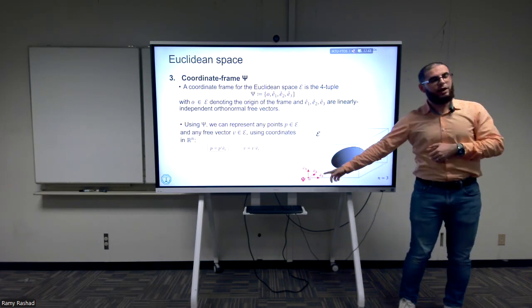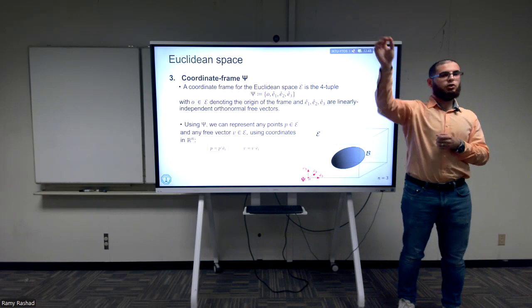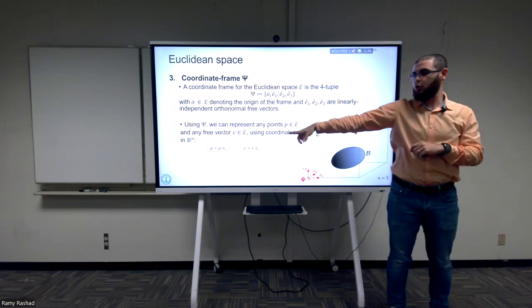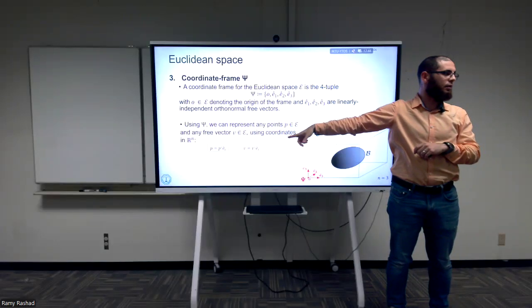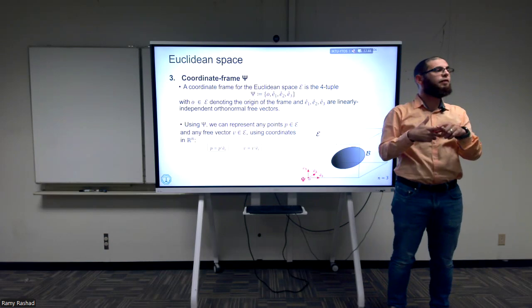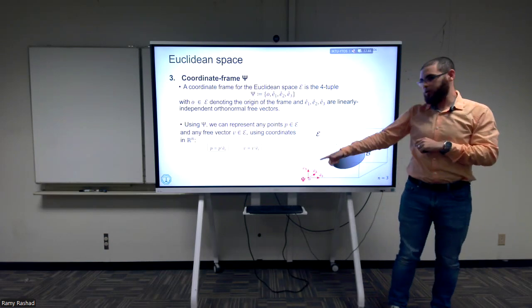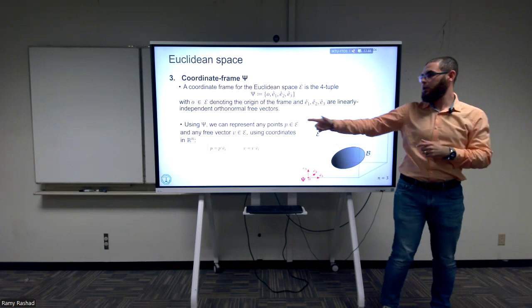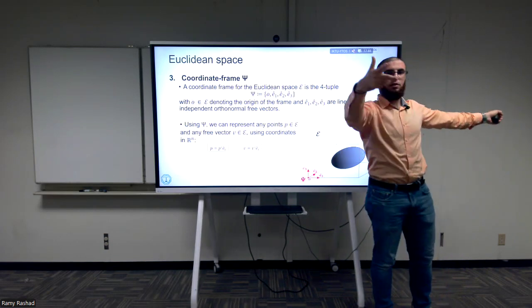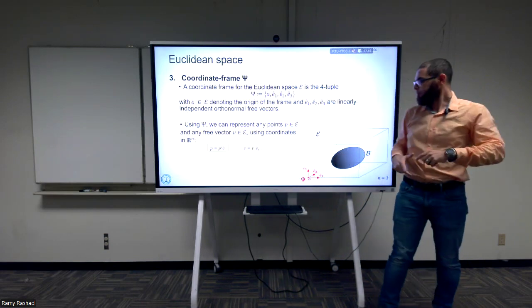Now, if I give you this frame and I give you an abstract point, so for example, let's choose that the frame that we have here in the room is this corner. So you see it's a specific point in the Euclidean space. It's the corner of the room. And let's assume that we have 3 vectors that we chose to be part of our room frame. One of them is this direction, one of them is that direction, one of them is this direction, okay, which make up this frame.